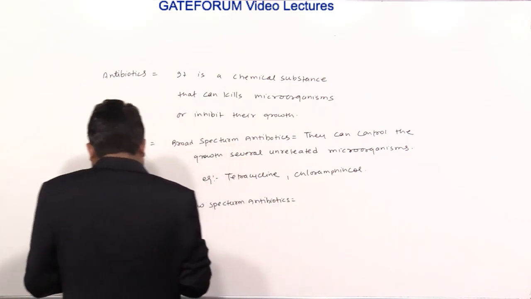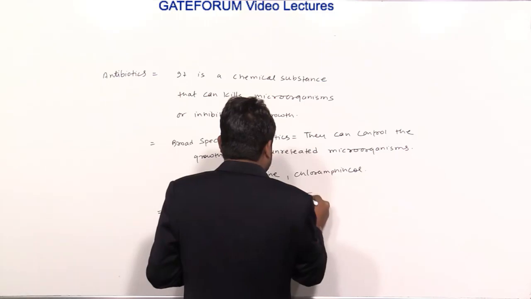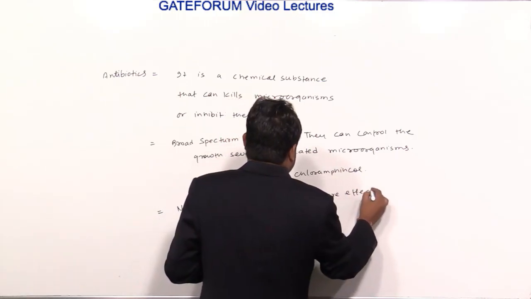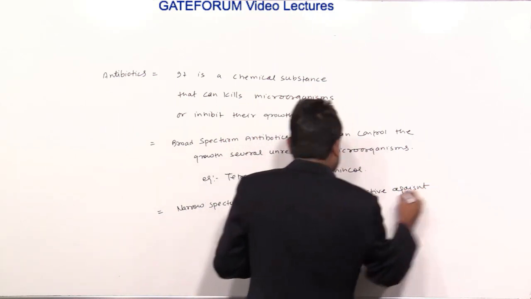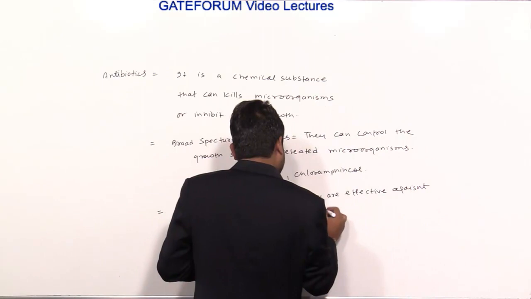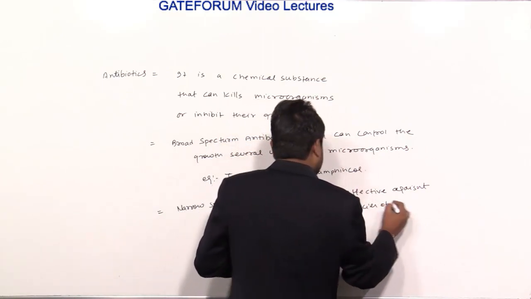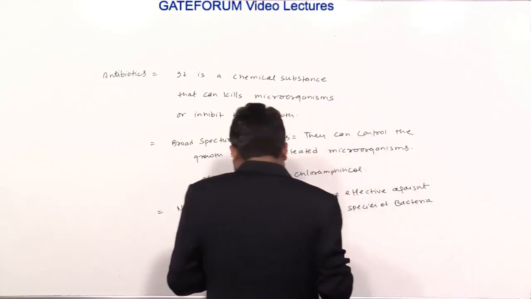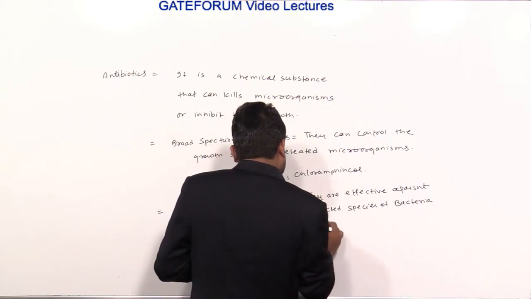The narrow spectrum antibiotics are effective against selected species of bacteria. Examples are penicillin and streptomycin.